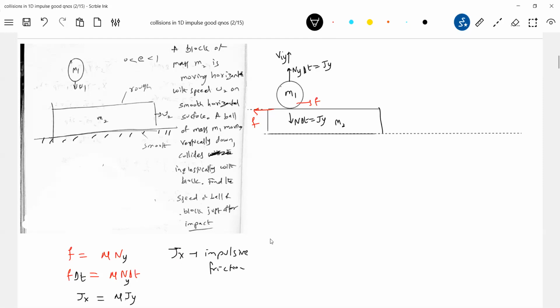So Jx equals mu into Jy. This is the impulsive friction. So on the block, these are the forces that will be acting.